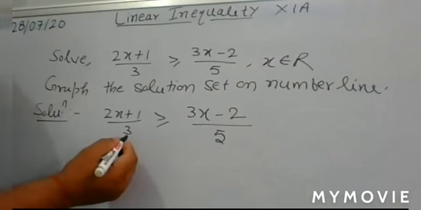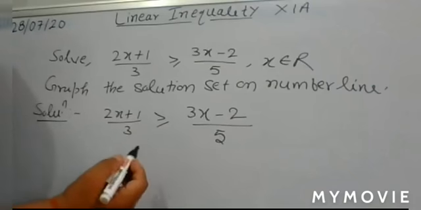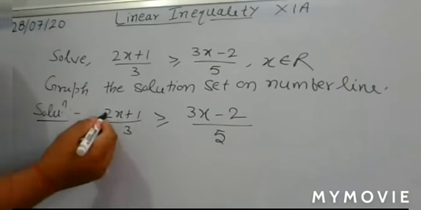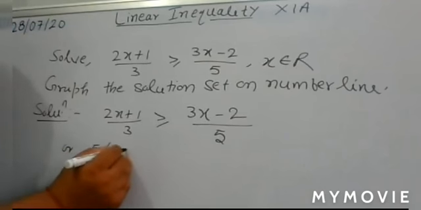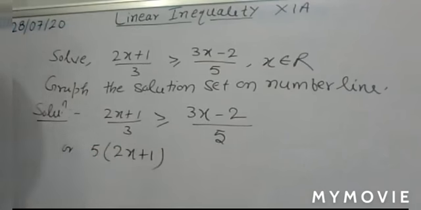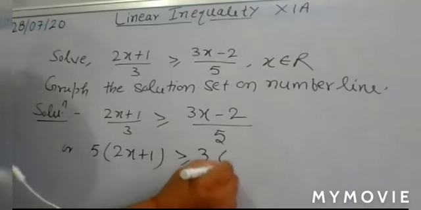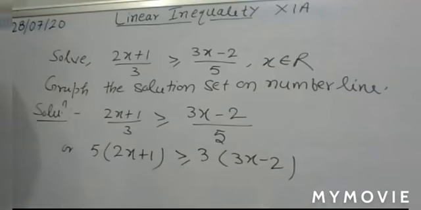Here you see that the LCM of 3 and 5 is 15. So you multiply both sides by the LCM 15, so you have 5 times (2x + 1) greater than or equal to 3 times (3x - 2).